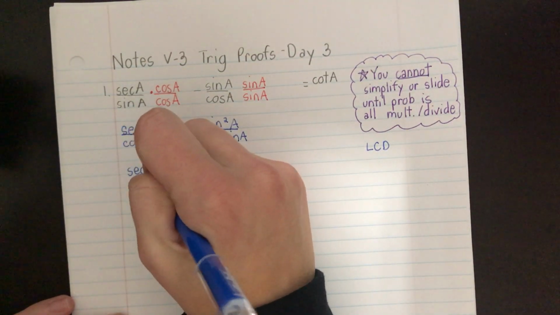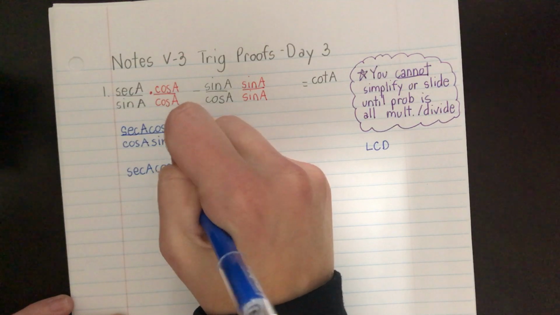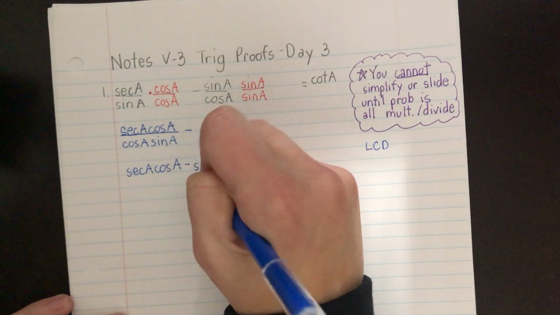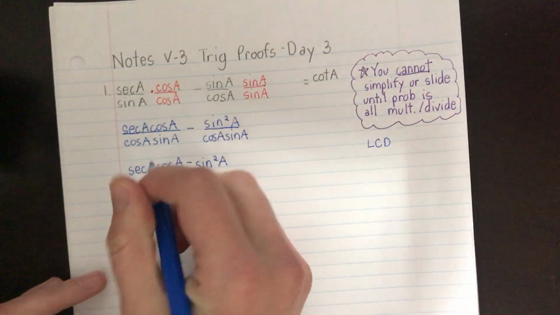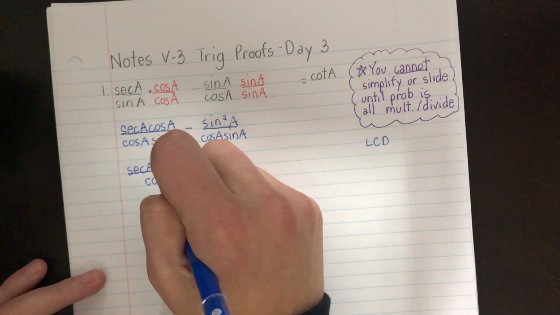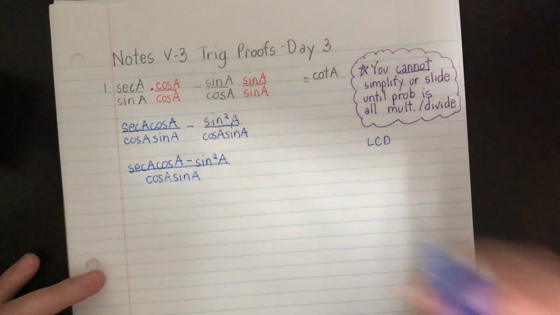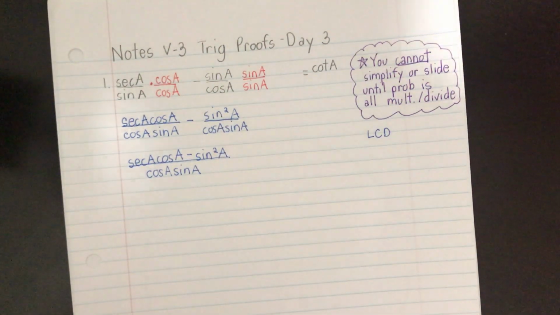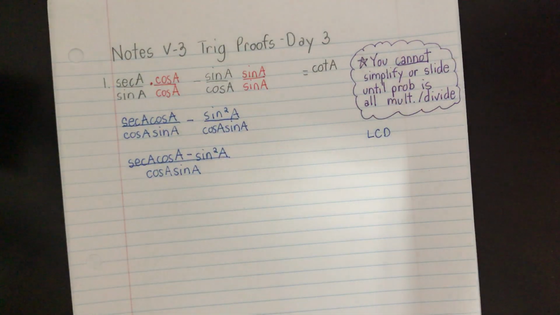So secant A cosine A minus sine squared A, all over that common denominator of cosine A sine of A.